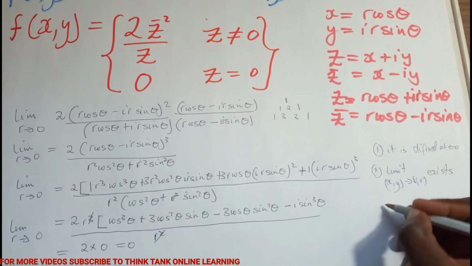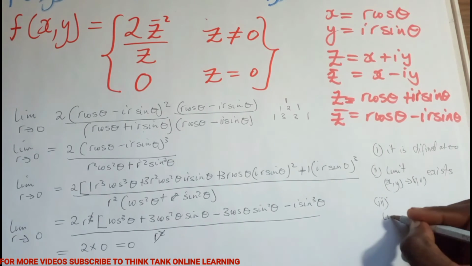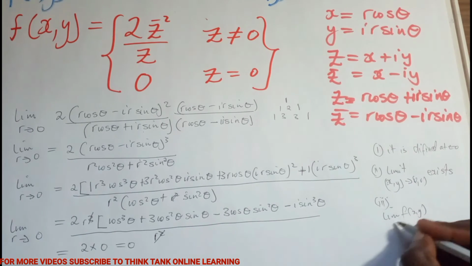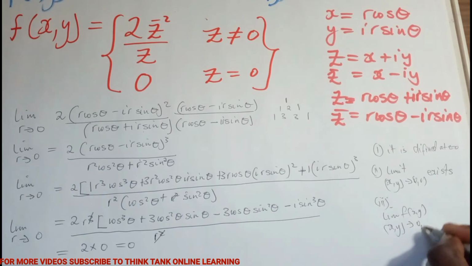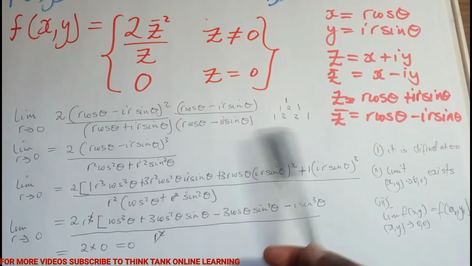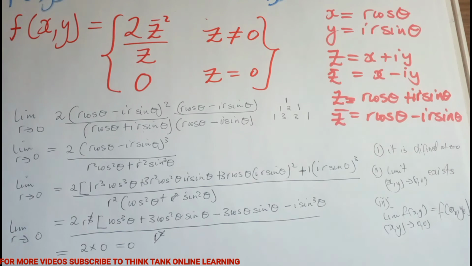Then third, the limit of f(x, y) as (x, y) approaches (0, 0) is equal to f(x0, y0). And as you can see here on the third condition, 0 is equal to 0. So I can say that this function is continuous.